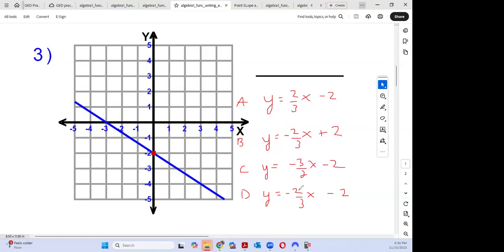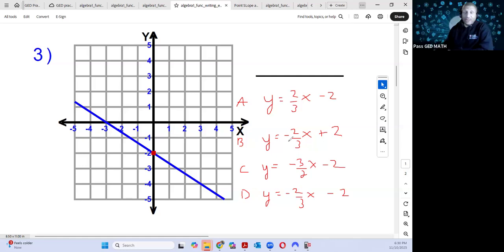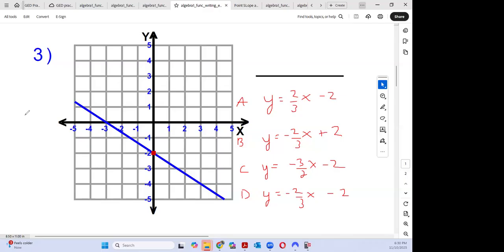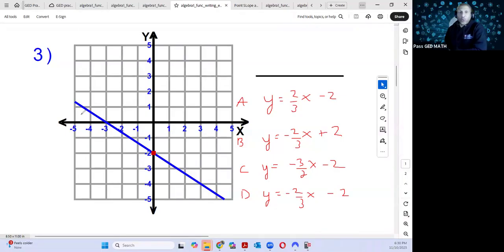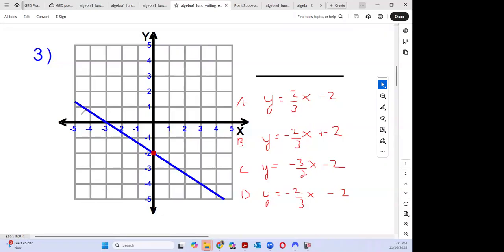You said A, and what else? B. A and B. Does anybody else have an opinion? Which ones can we eliminate right away? A and D. You said A and D?